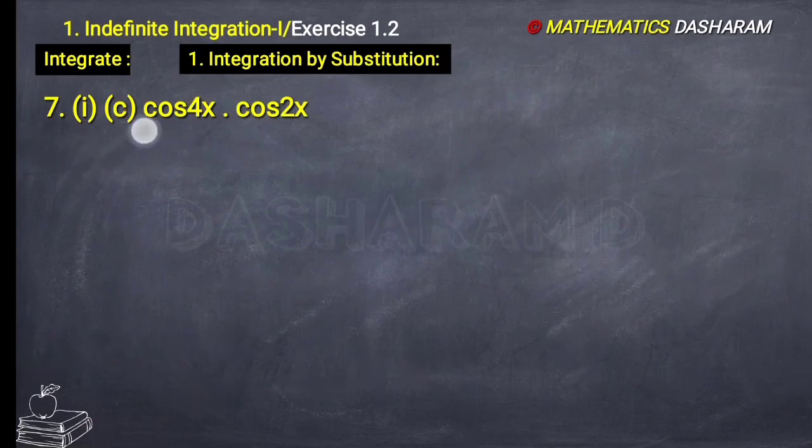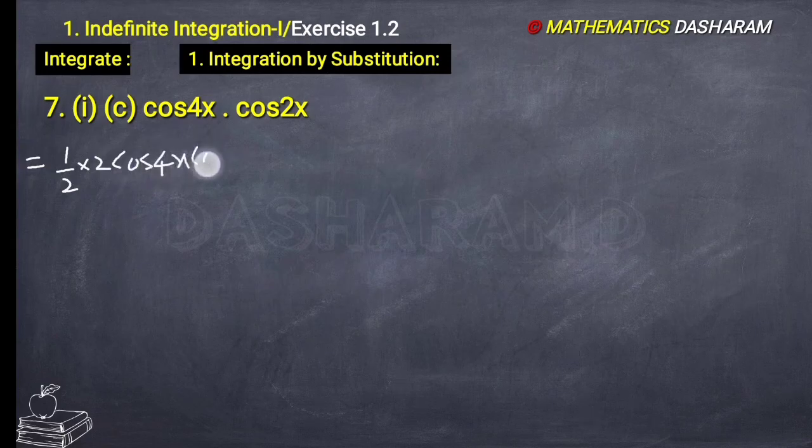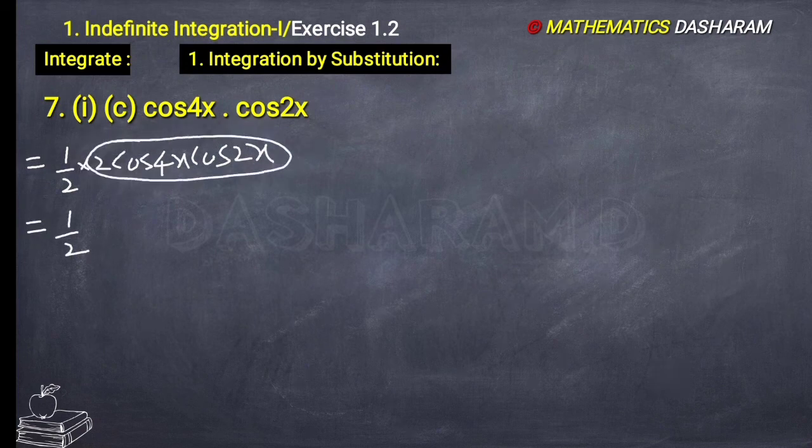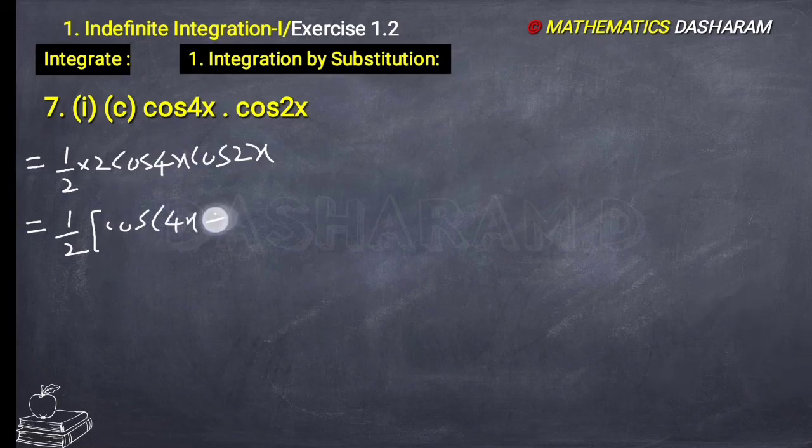Question number C, cos 4x into cos 2x. So 1 by 2 into 2 into cos 4x into cos 2x. So 1 by 2 into the 2 cos A into cos B formula, that is cos(A plus B) plus cos(A minus B), 4x minus 2x.